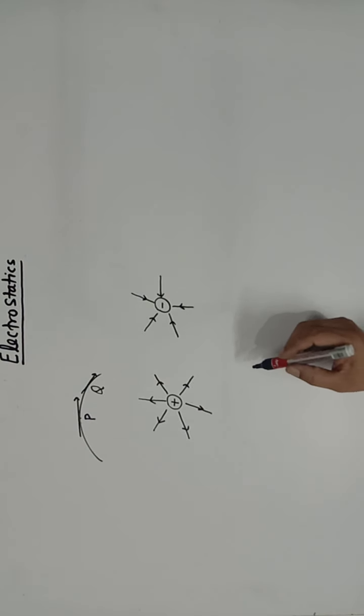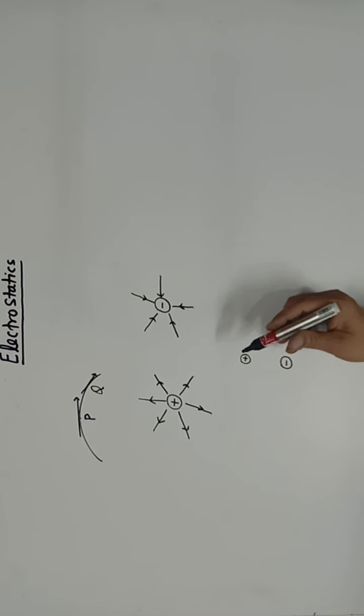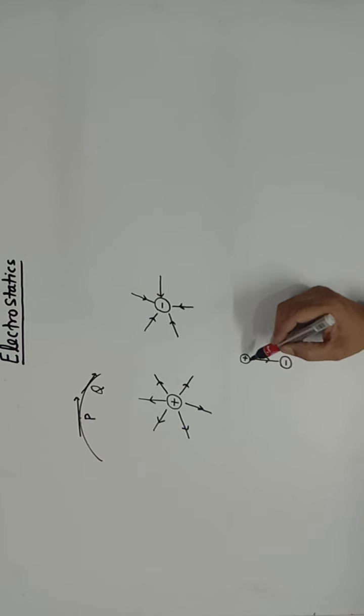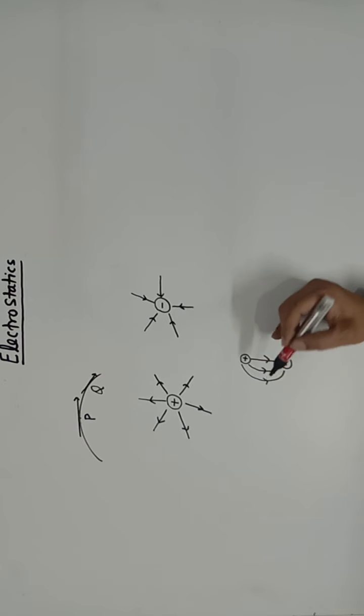If positive and negative charges are there, this is positive and this one is negative, then the field lines go from positive to negative, always like this.